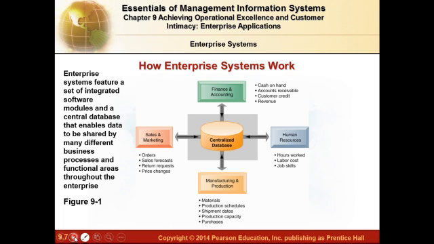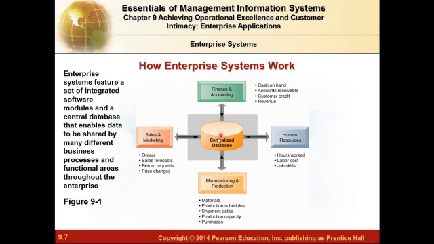When new information is entered by one process, the information is made immediately available to other business processes. So this enterprise system features a set of integrated software modules and a central database that enables data to be shared by many different business processes and functional areas throughout the enterprise.